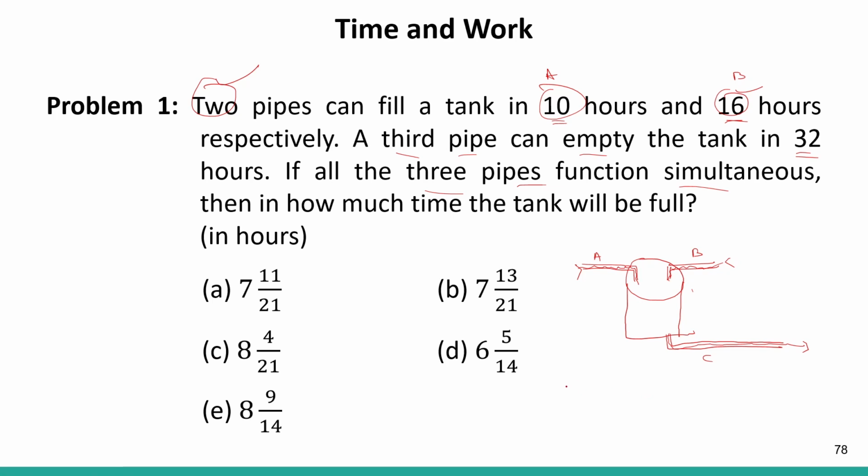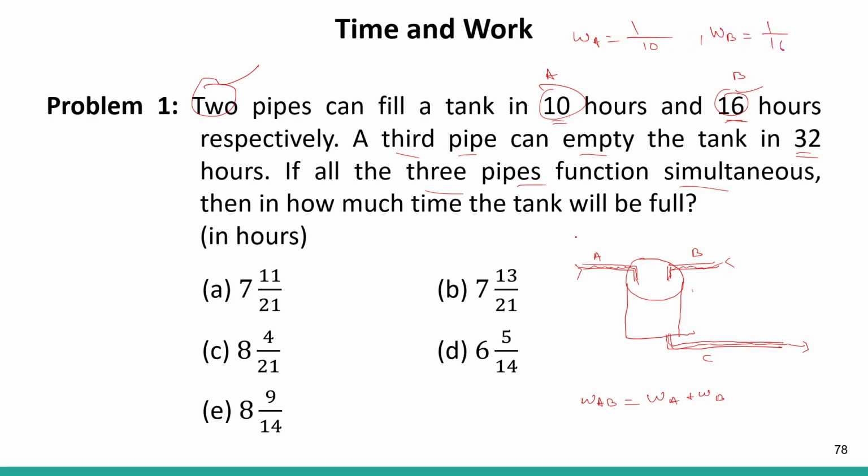Let's go forward with the combined work rate of A and B when they are filling the tank. Combined WAB will be equal to WA plus WB. WA is 1 by 10, the reciprocal of the time taken individually, and WB is 1 by 16.